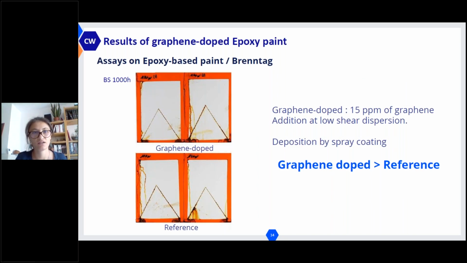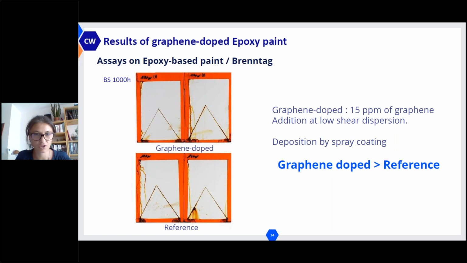And here in the photograph above, you can see the graphene-doped paint after 1,000 hours of salt mist. In the photograph it's not very clear, but we can see it's better.